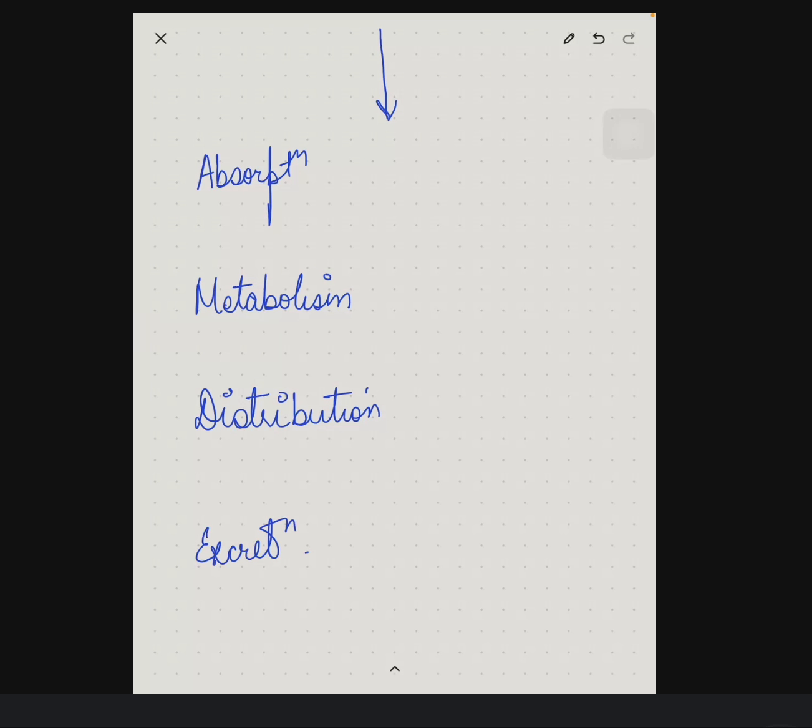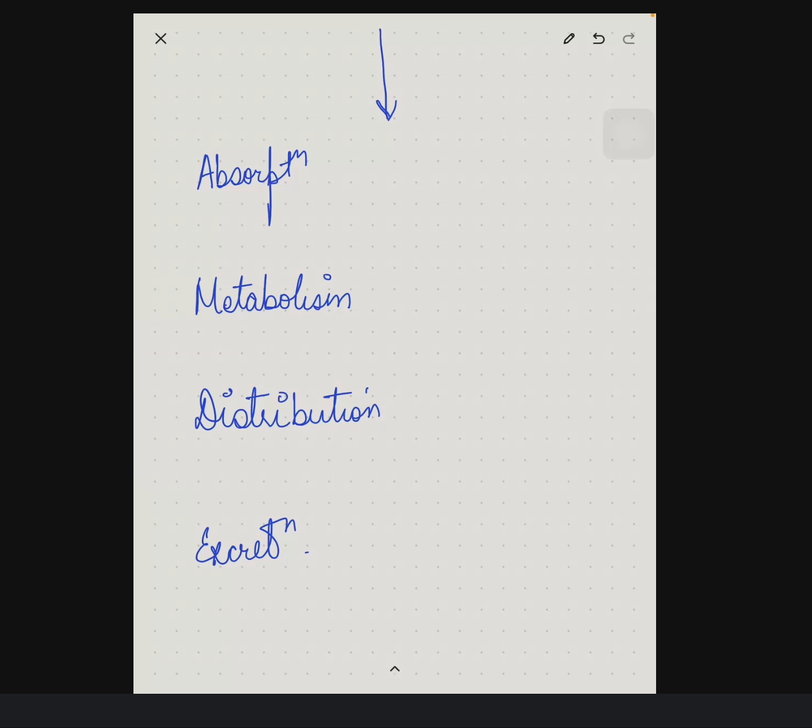So two drugs or any drug can affect any of these steps of any other drug, and we can classify the drug interactions on this basis also, where they are changing the concentration or levels.